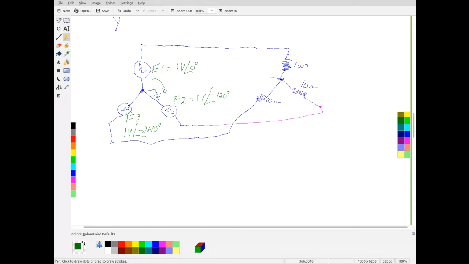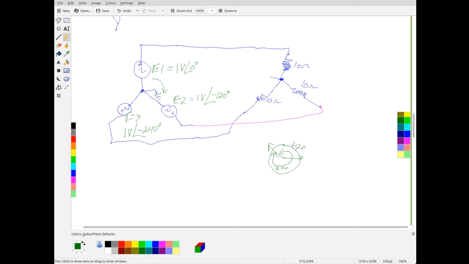However, if you look at a circle, you're going from here, this is my reference, and if you go minus 240 degrees in this direction, if you look at it this way, it's plus 120 degrees.